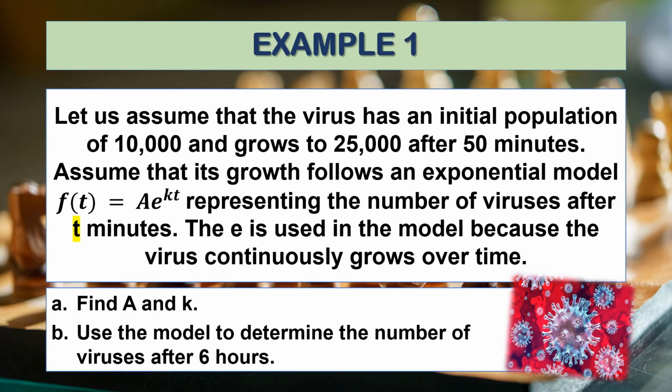F of t is equal to a multiplied by e raised to kt, representing the number of viruses after t minutes. The e is used to model because the virus continuously grows over time. So let us find a and k and use the model to determine the number of viruses after 6 hours.